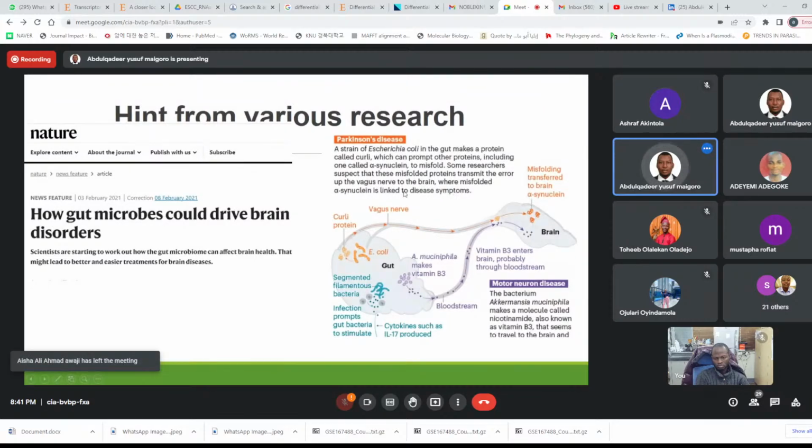The misfolded protein results in these symptoms, while this Escherichia coli has the ability to correct this protein structure from being misfolded to the folded one so that it will not create these disease symptoms. This is just one example of how you can use the bacteria from the gut to adjust the brain status from disease to the healthy one.